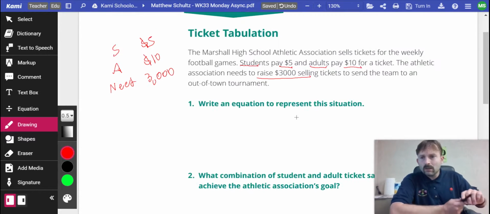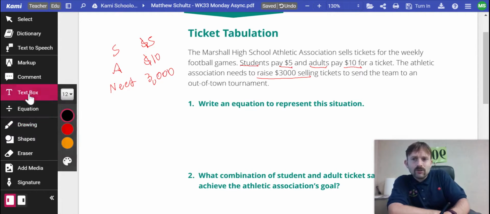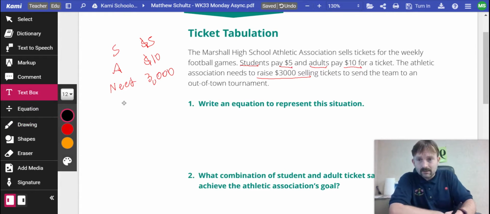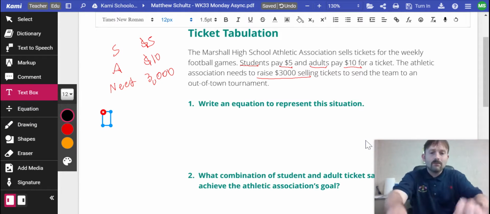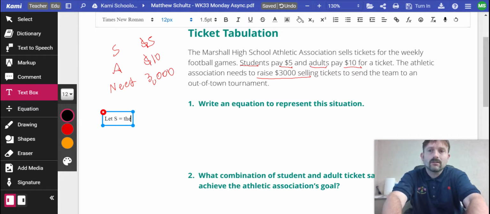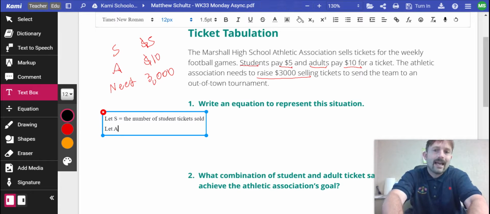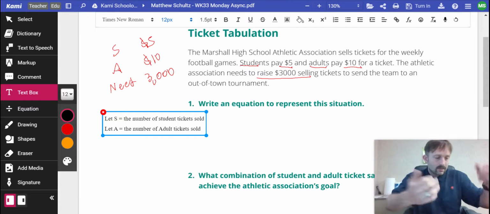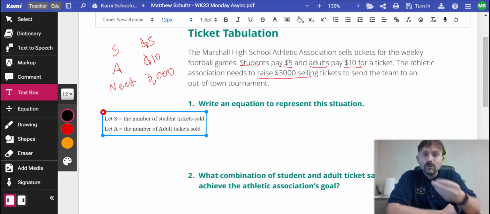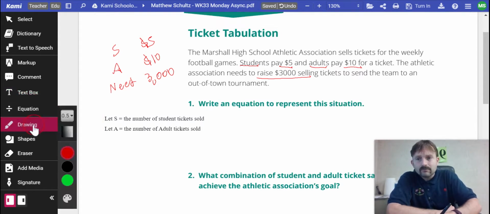In this situation, I have to have some let statements. I'm going to let S equal the number of student tickets sold. I'm going to let A equal the number of adult tickets sold. Now that I've stated that, I can use the variables A and S in an equation.